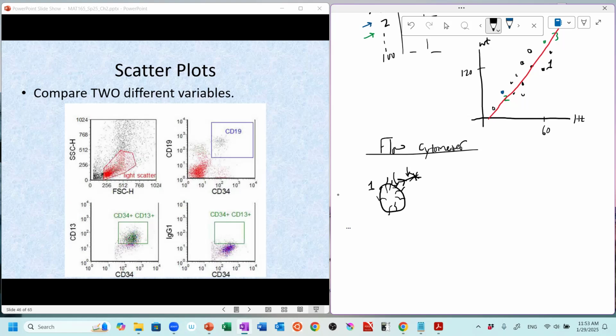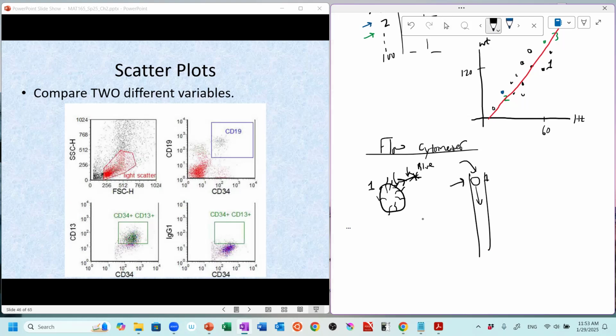You take each of these cells, like this might be cell number 1, and maybe it's emitting some amount of blue light when it's hit by a laser. You flow the cells, like cell 1 here, through a tube, you shoot it with a laser, and you see what intensity of the different laser lights you get off of that cell.